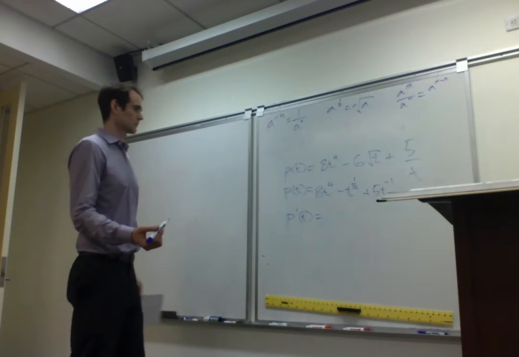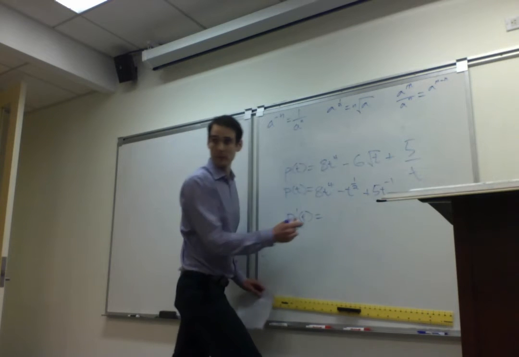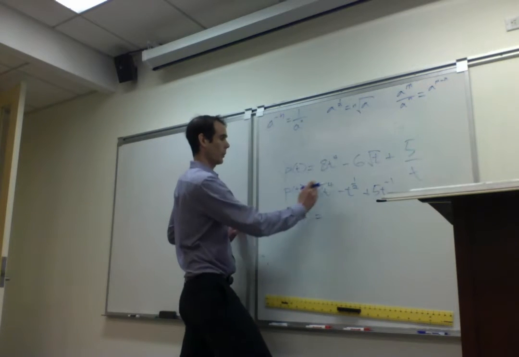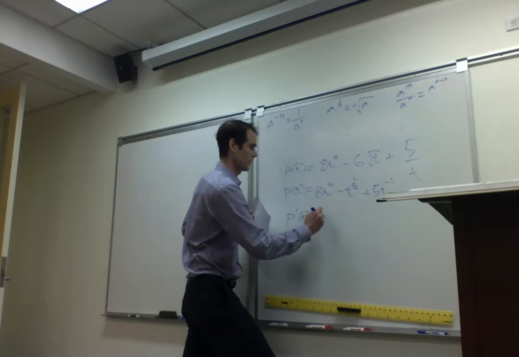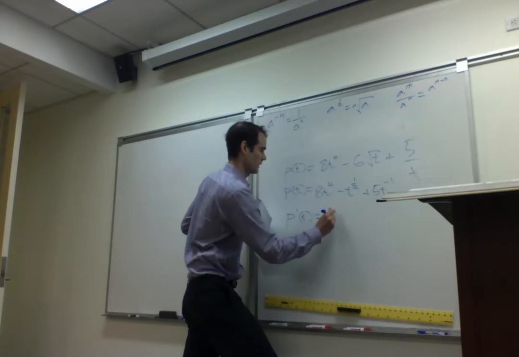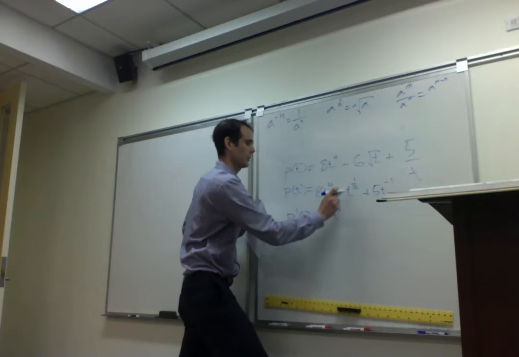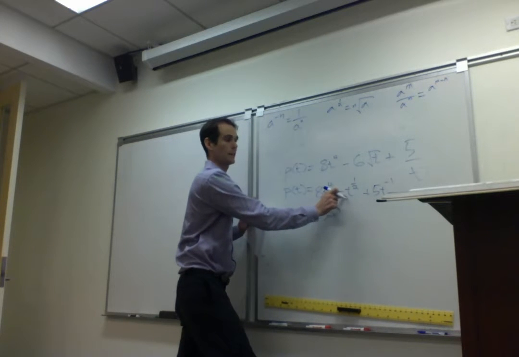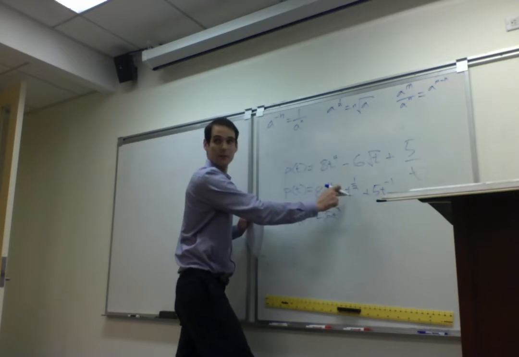All right, I don't know. Well, let's work it out. Everybody ready to work it out together? Let's do it. So 4 times 8, what's 4 times 8? 32 t to the third, right? All right, and we've got -1 t times 1/2, right?